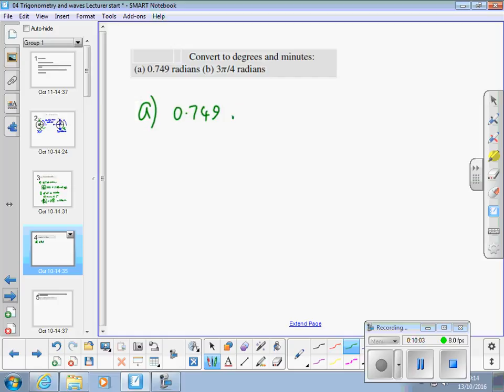0.749 radians to degrees and minutes. How are we going to do that? It's a similar calculation.